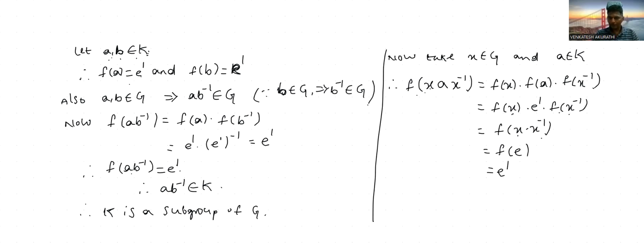Therefore, F of X A X inverse is equal to E dash. So finally, the product X A X inverse satisfies the kernel definition.